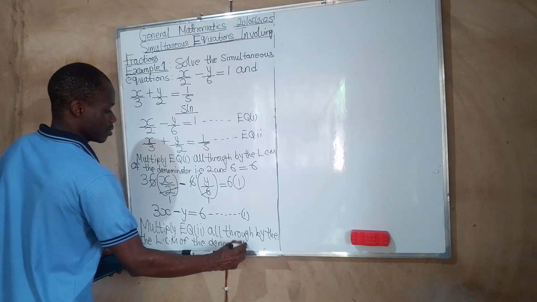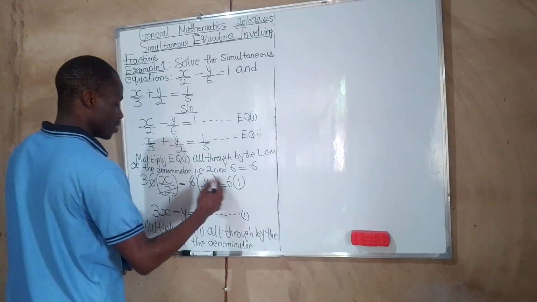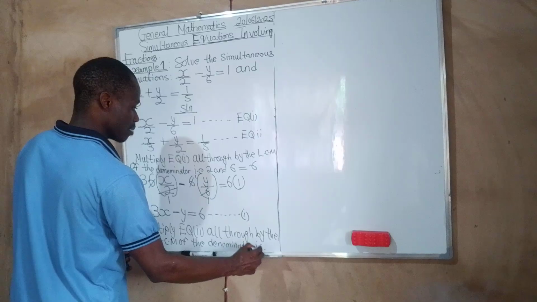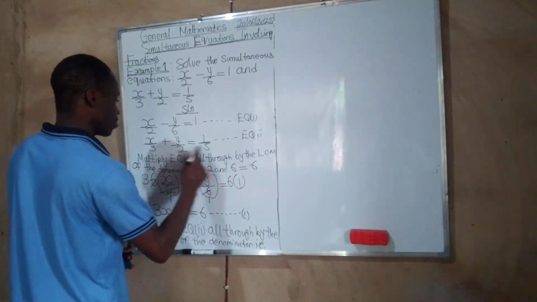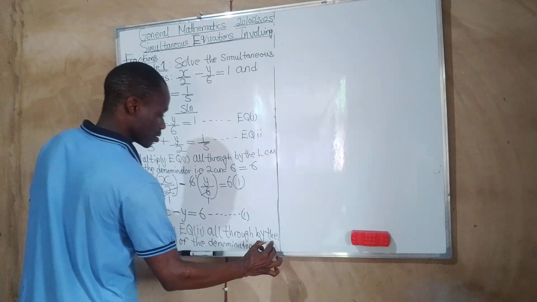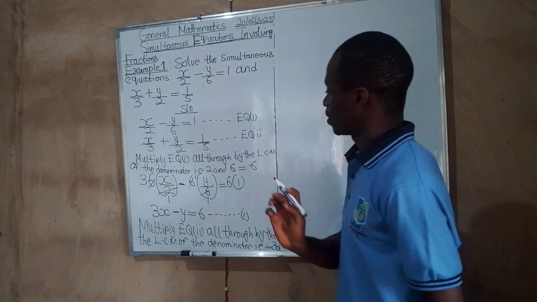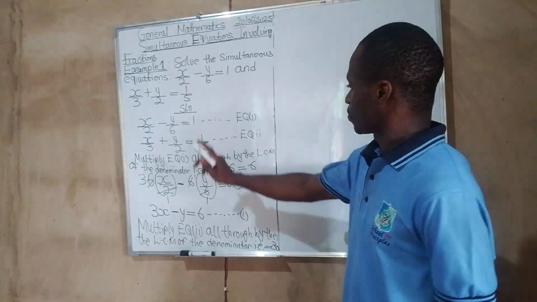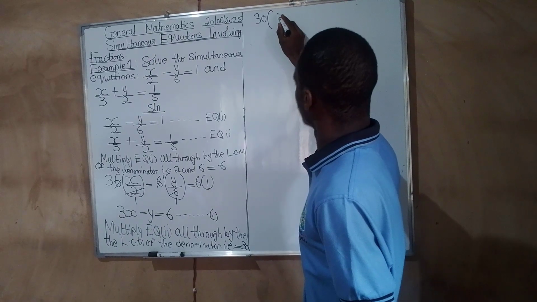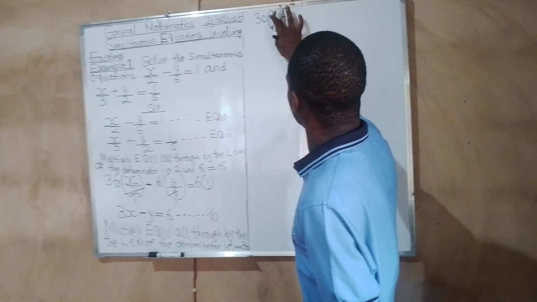The denominators are 3, 2 and 5, so the LCM of all the denominators is 30. So I'm multiplying through right now. I'll say 30 open bracket x over 3. Can you see this clearly? Yeah.